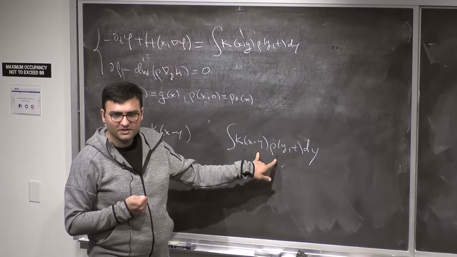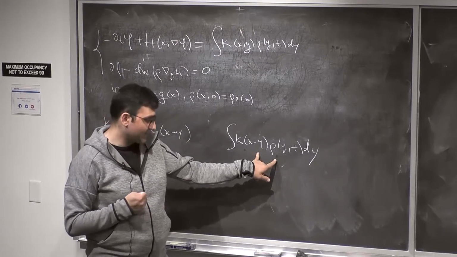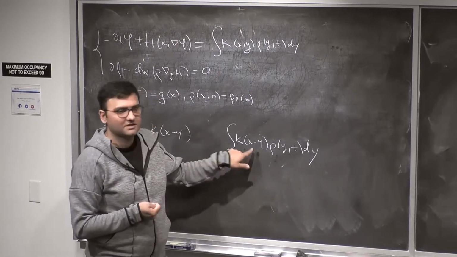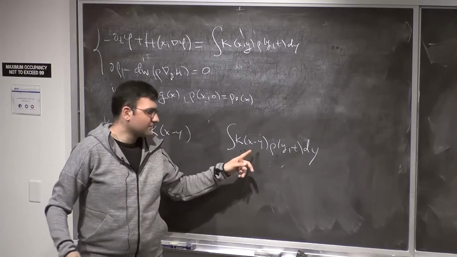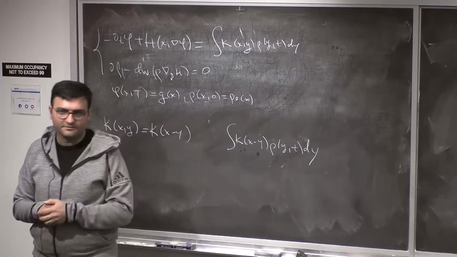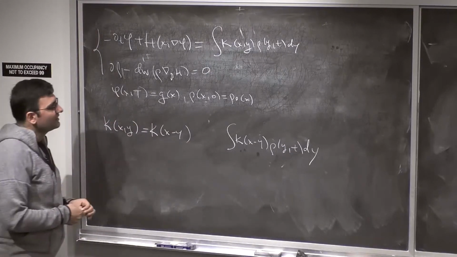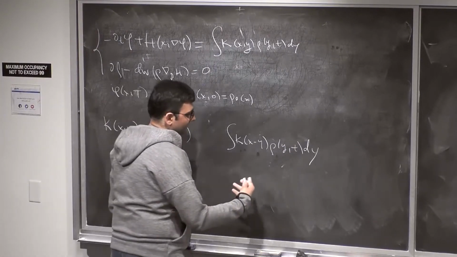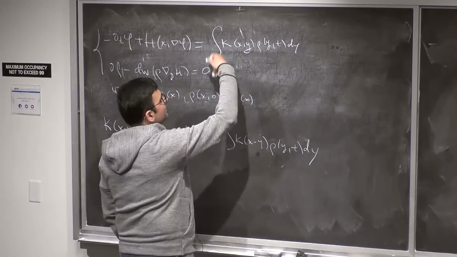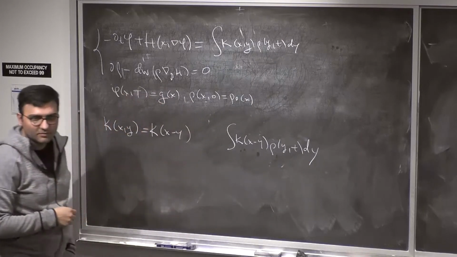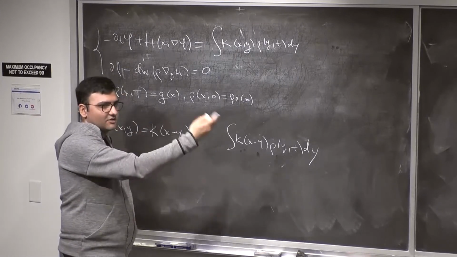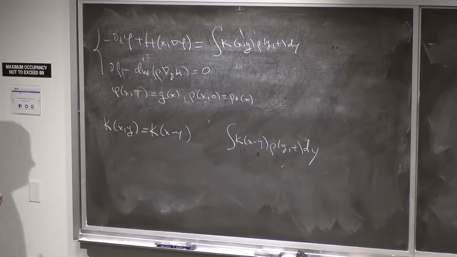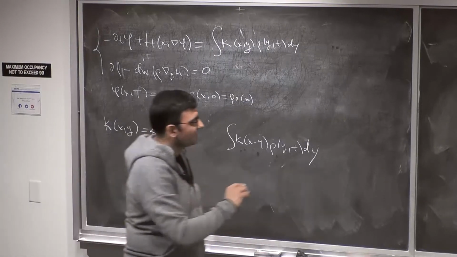And so no matter what I take as a density, when I calculate this convolution, it is going to be a trigonometric polynomial of at most degree k, because all the coefficients of rho after some point don't matter. So a priori, I know that this expression here is a polynomial, and I can expand it in a basis, and the coefficients are what I'm going to search for. So let me do it in the general case.